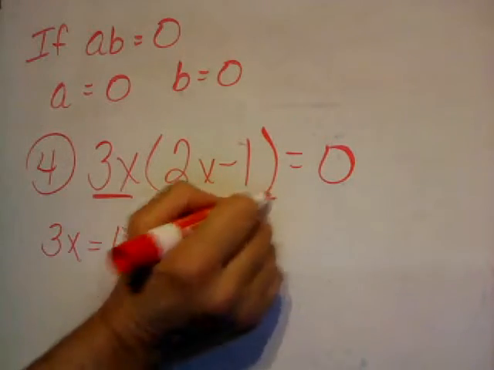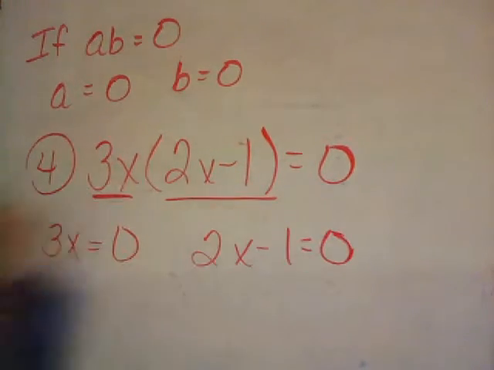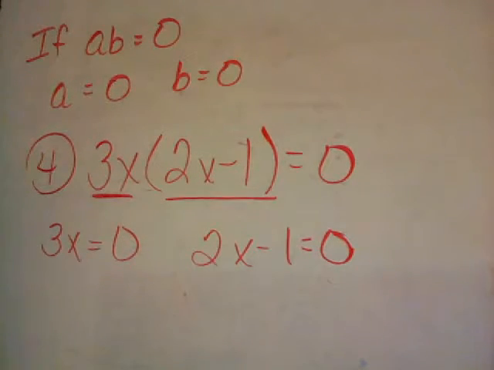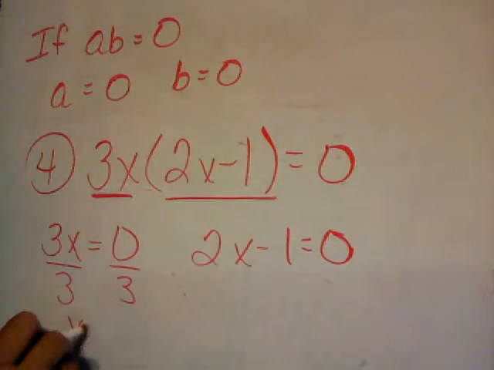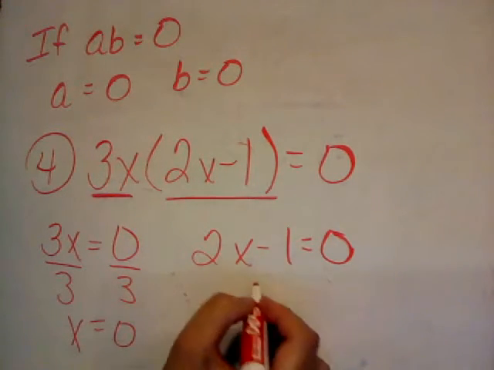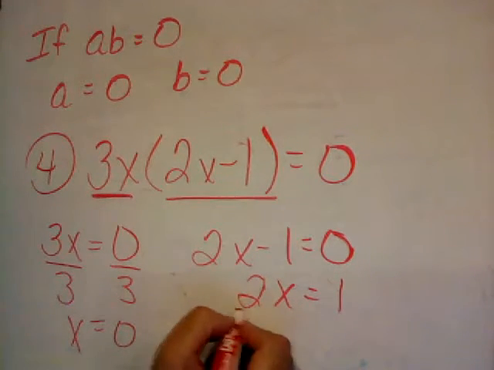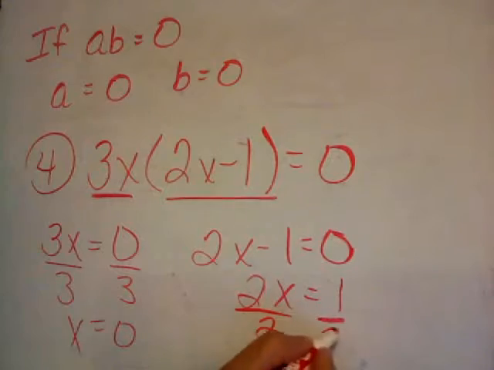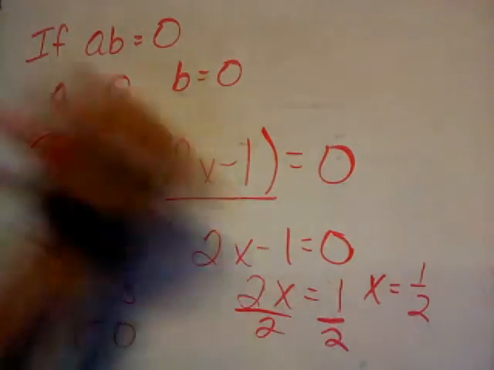I can take my b part and set it equal to 0. And then I solve. I'm going to divide both sides by 3, leaving me with x equals 0. How do I get rid of a minus 1? A plus 1. So 2x equals 1. Then I have to divide both sides by 2, leaving me with x equals 1/2.